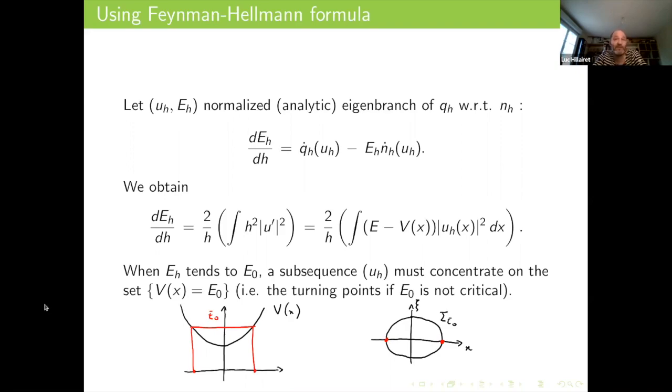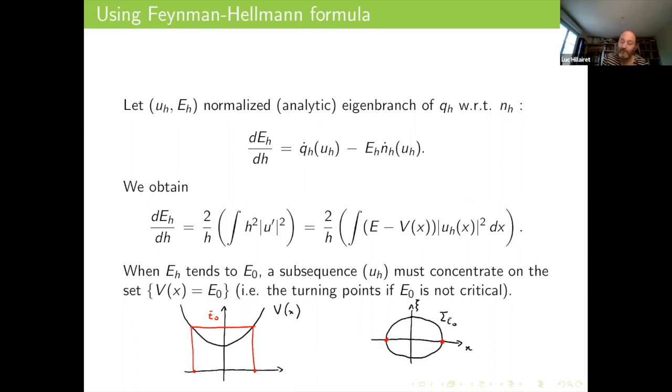And because it is positive, it implies that E_h has a limit when h goes to 0. So that is, this function, the derivative of E_h is integrable. And because you have this 1 over h in front, it tells you that what's behind the parenthesis must go to 0 along a subsequence.